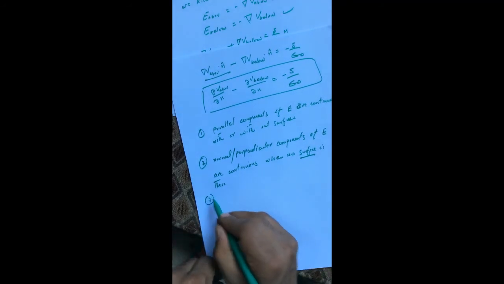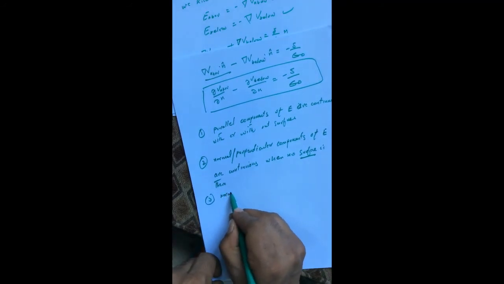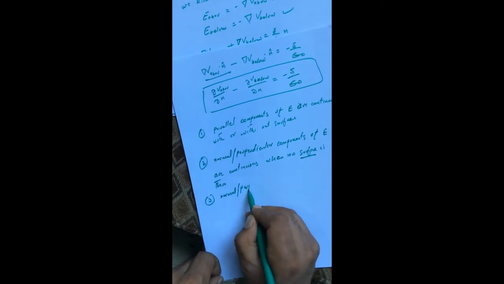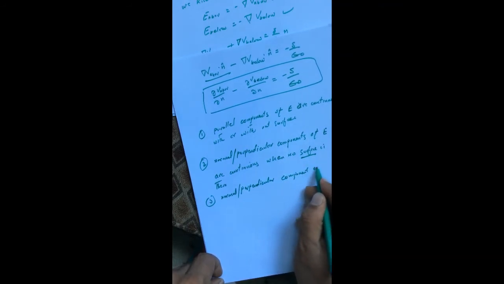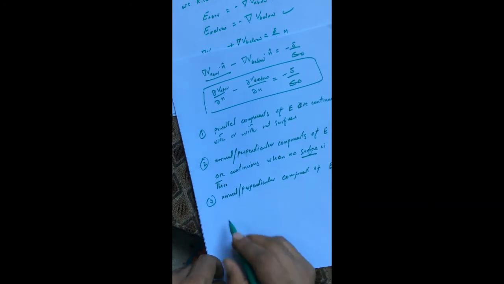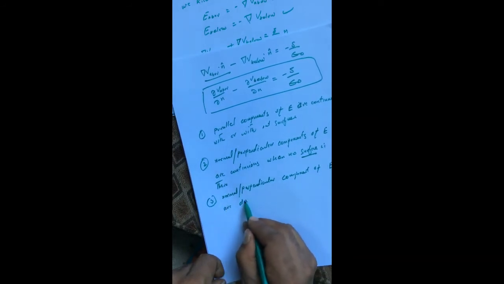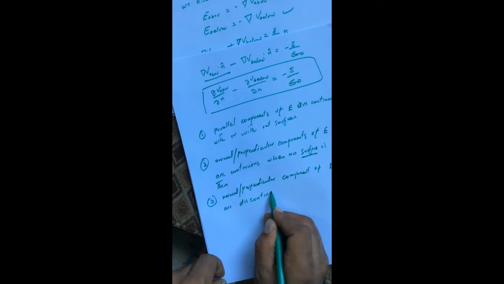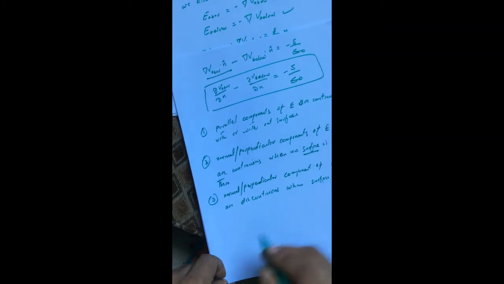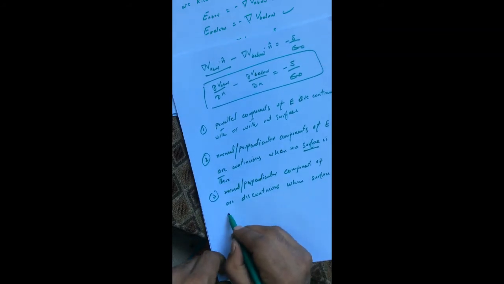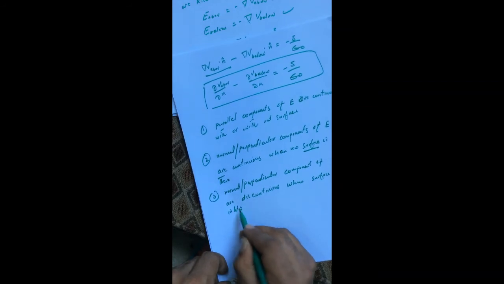And the third conclusion is that normal or perpendicular components of E are discontinuous when a surface is in between the two points.